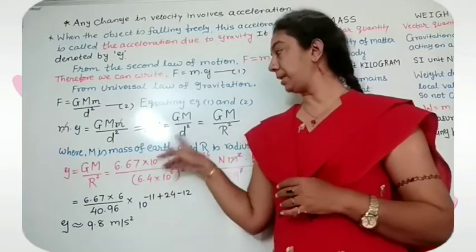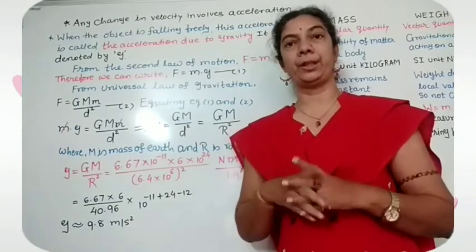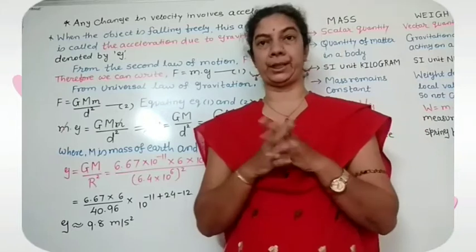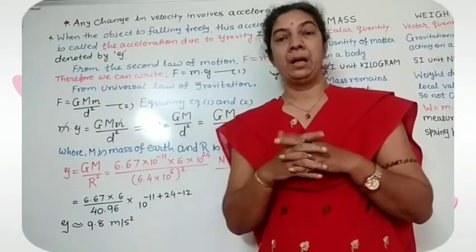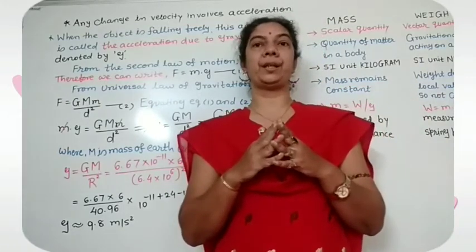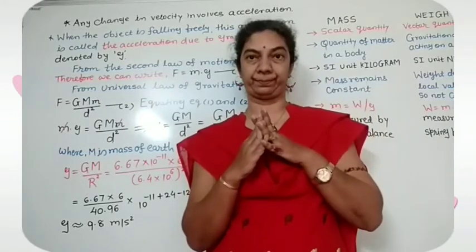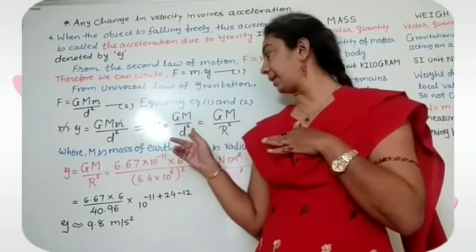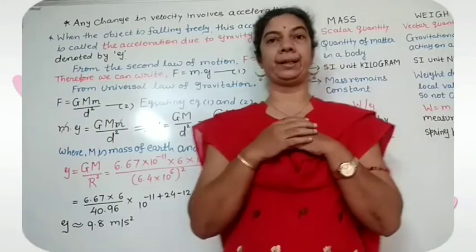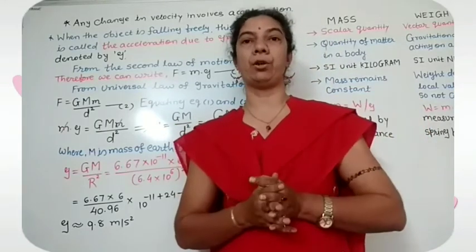We know that this d is the distance between two objects. Now if the object is near the surface of the earth, this distance can be taken as the radius of the earth.